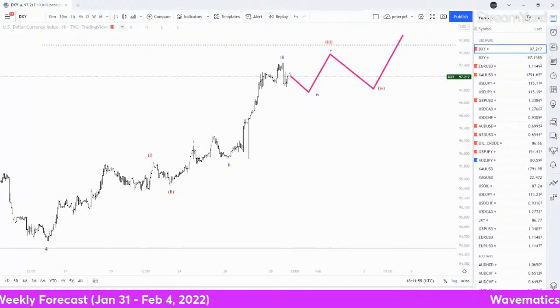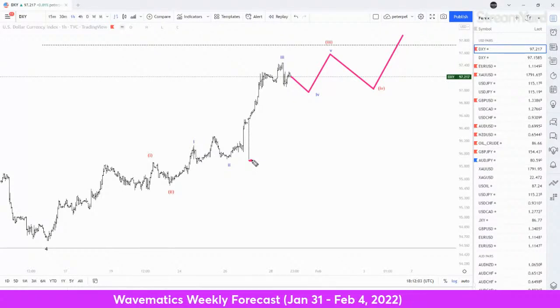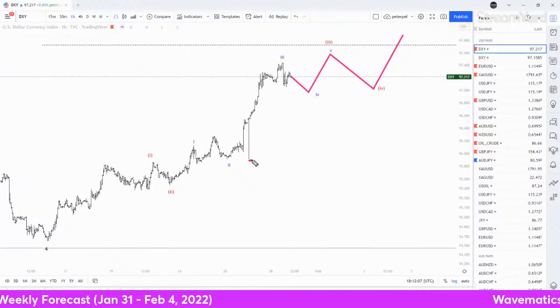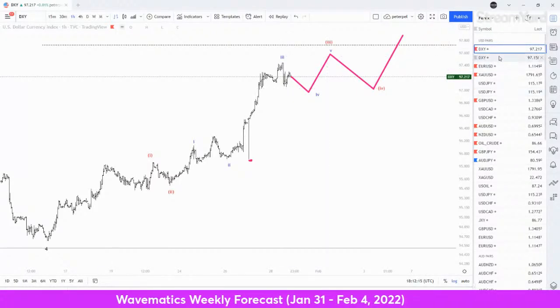If you look at this particular pair, sometimes when you see a very big spike like this, you need to confirm from other brokers, because some spikes do not happen across the board, and they can interfere with your wave count. If we look at another broker, this one is the TVC broker.